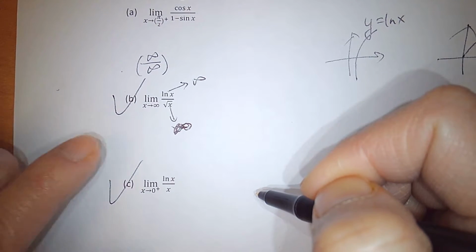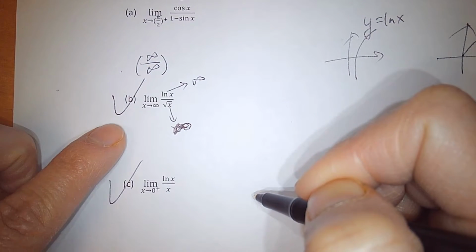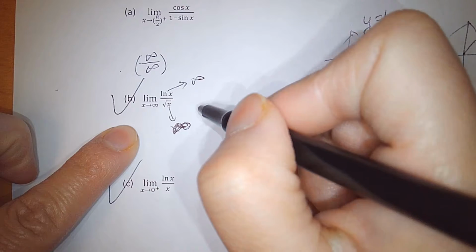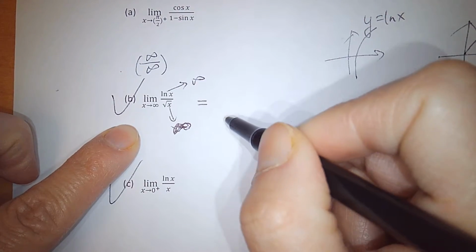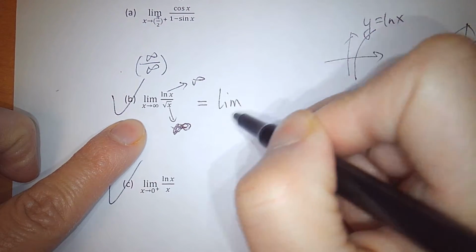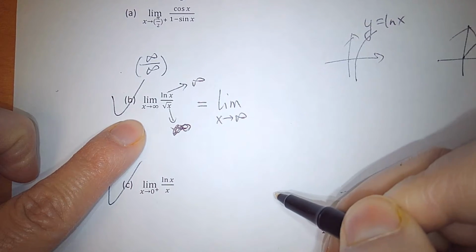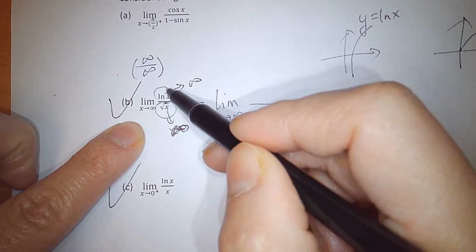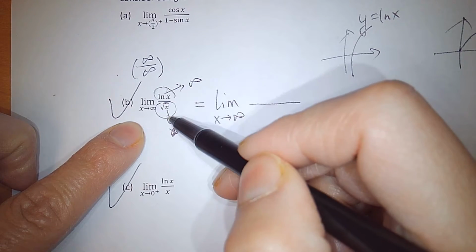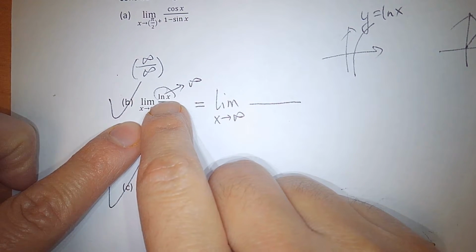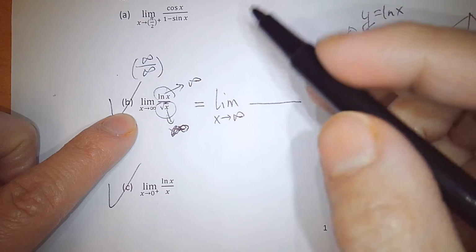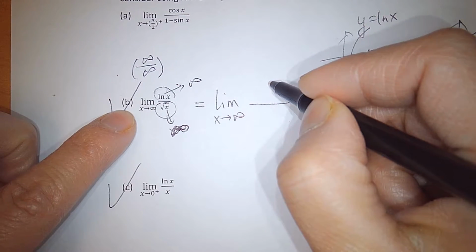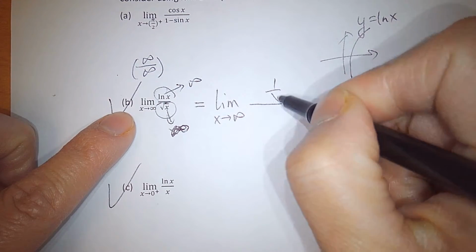Now we're able to use L'Hospital's rule to keep on finding the limit. So the limit will still be as x goes to infinity. What do you do to deal with f and g now? Differentiate both of them at the same time. The derivative of ln x is 1 over x.